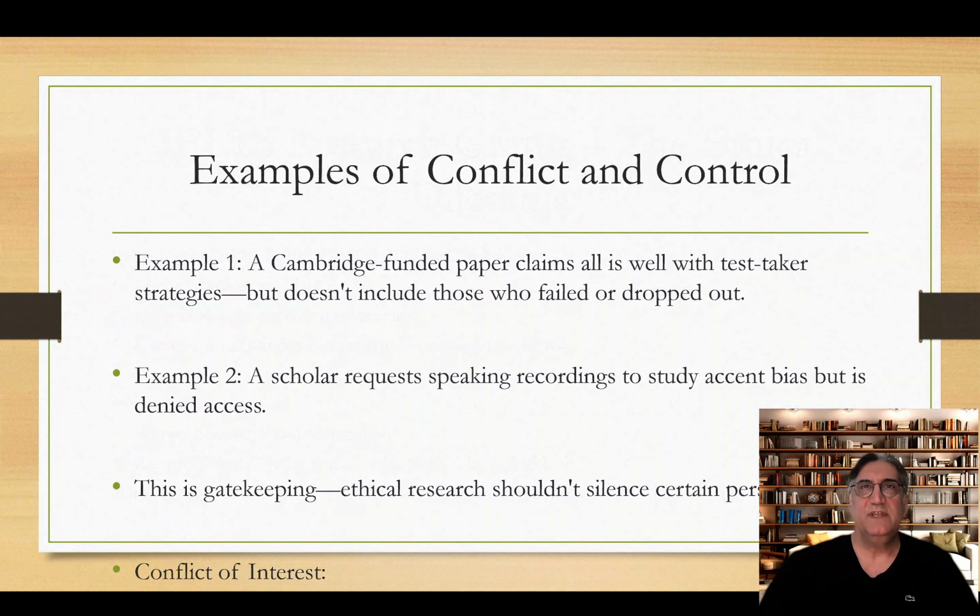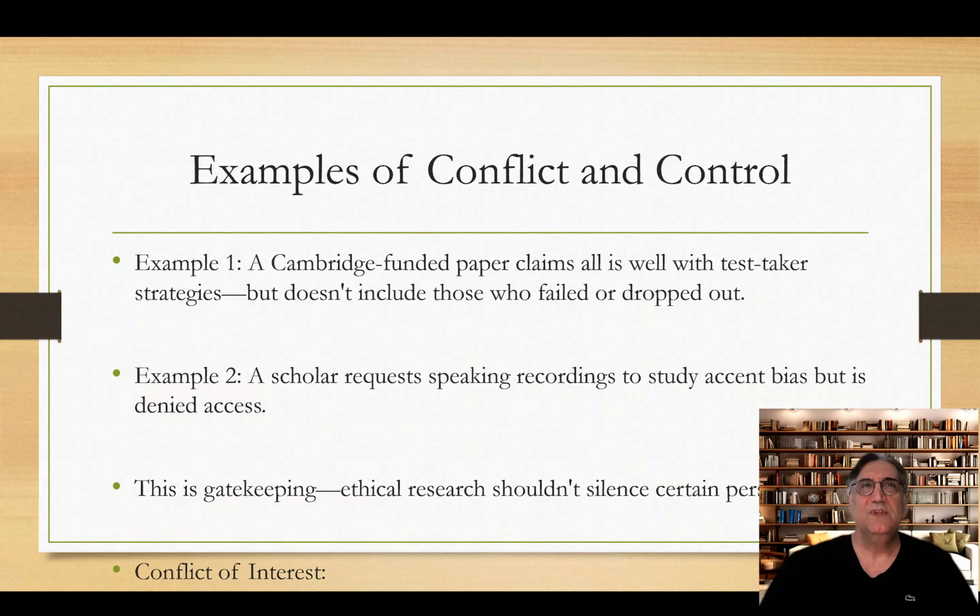Examples of conflict and control is the next topic to discuss. Let's look at two specific examples. A Cambridge funded paper reports the strongest strategy used among IELTS test takers, but omits those who failed. This exclusion is not acknowledged. A researcher requests low band IELTS speaking recordings to study accent bias, but is denied due to test security.